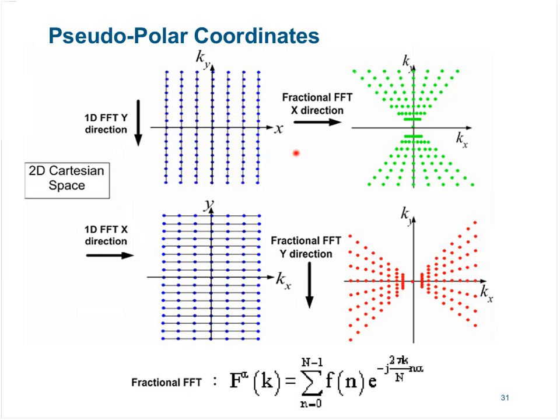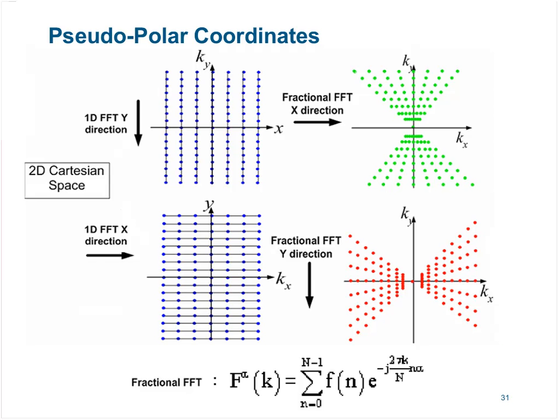In the first case, after this process, you apply the fractional fast Fourier transform in the x direction, and then you get a grid of this kind. Now you are completely in spatial frequency coordinates kx and ky, and the transform points look like this on the grid. Similarly, in the second case, you apply the fractional fast Fourier transform in the y direction, and you get this kind of grid in spatial frequency coordinates.